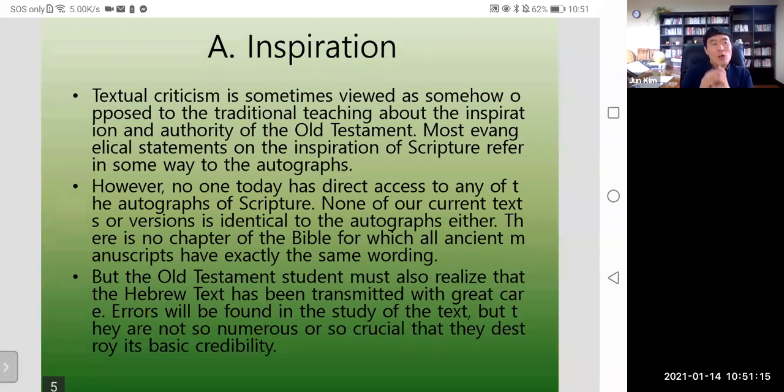But whenever they saw an obvious error, they didn't change it. Why? Because they believe it is the inspired words of God, and they are so afraid of changing anything. So you can see how carefully and nicely our Bible was preserved. Okay, let's move on.